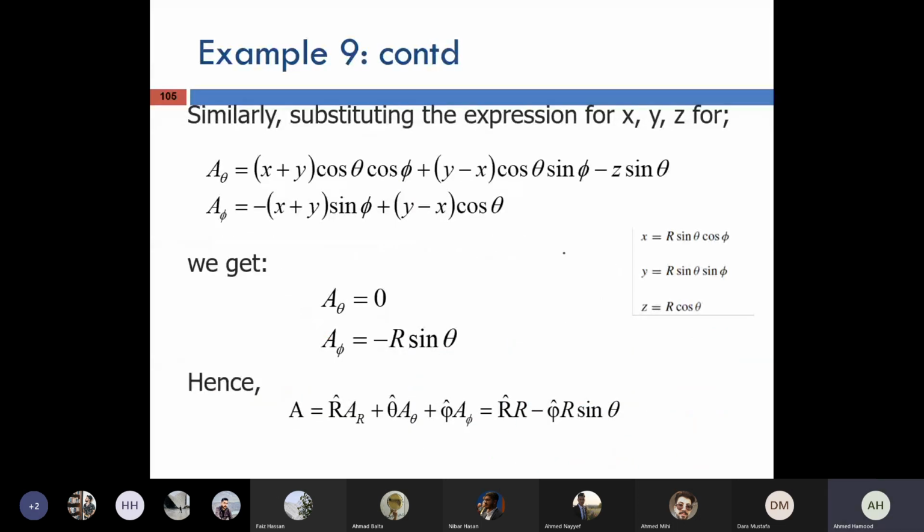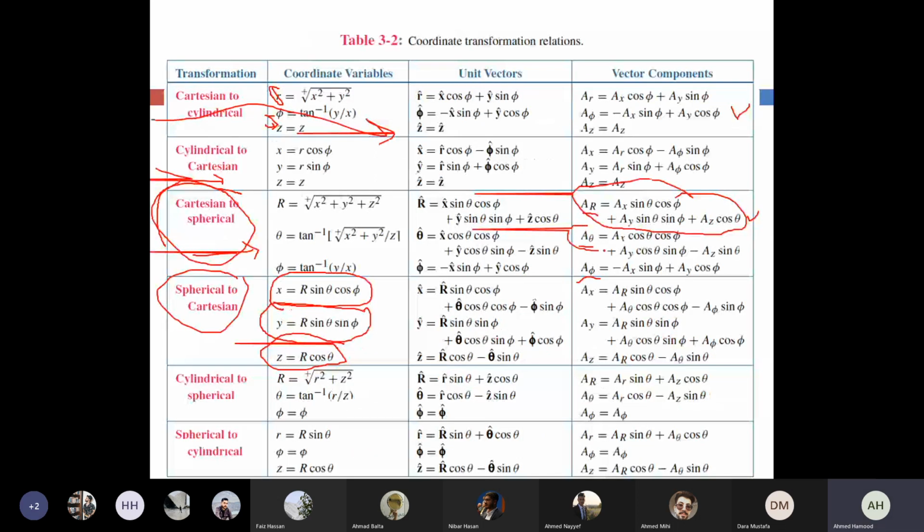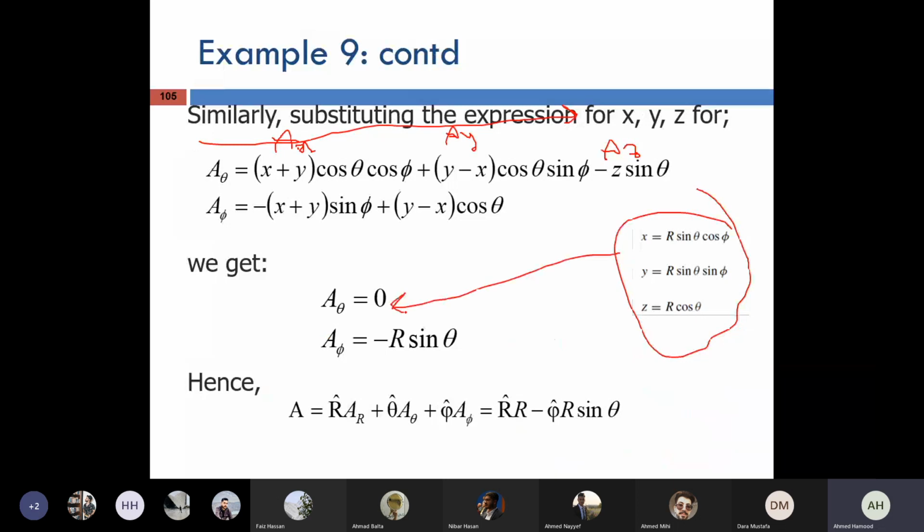The second one, which we have to write from here, you redo the second one, E phi. You copy E phi or theta here. Then you change one by one X, Y, and Z. Then you change using this one again, and it will equal to 0.